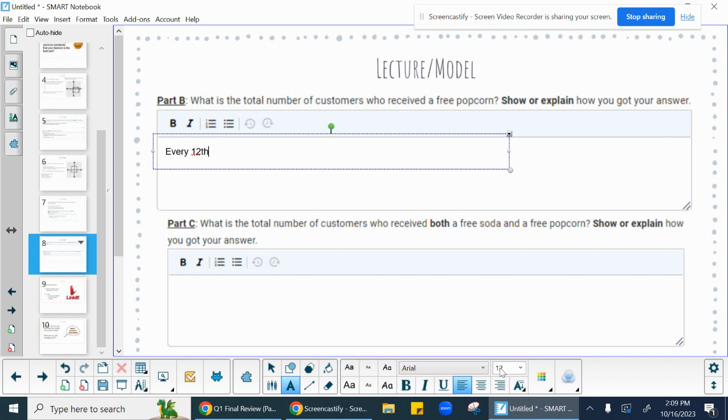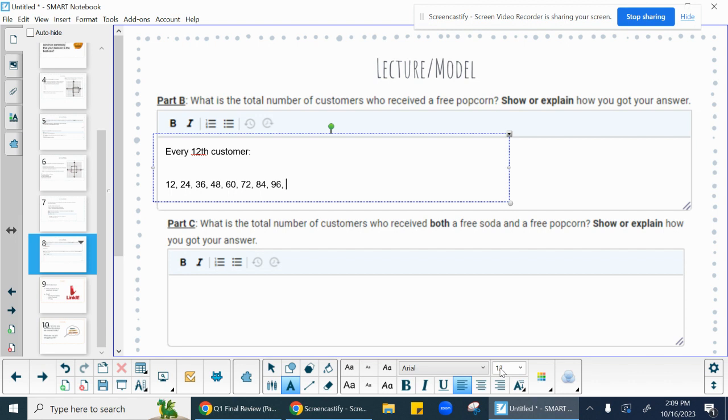So we are going to count by 12s. 12, 24, 36, 48, 60, 72, 84, 96, 108. That is 1, 2, 3, 4, 5, 6, 7, 8, 9. So 9 customers got a free popcorn.